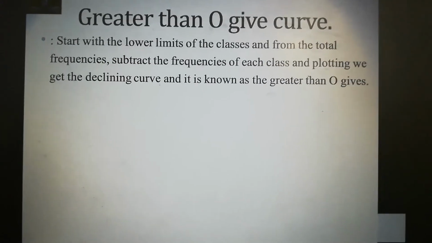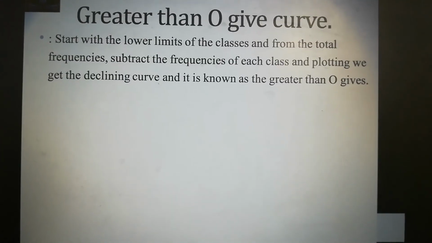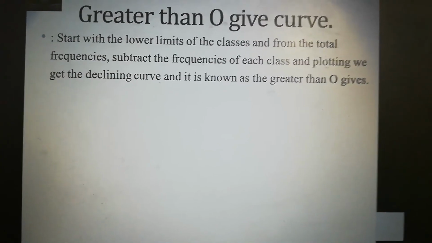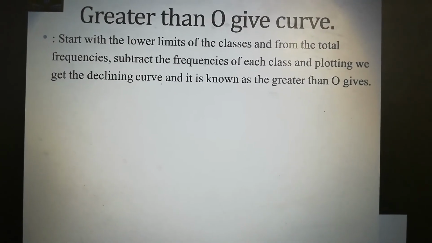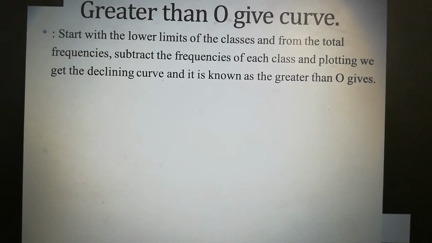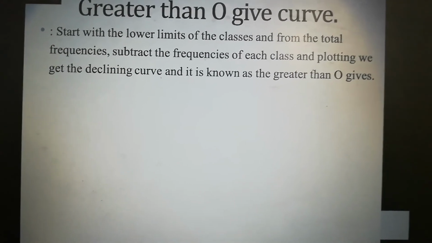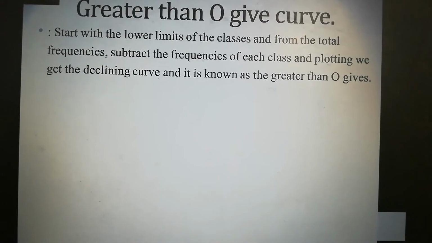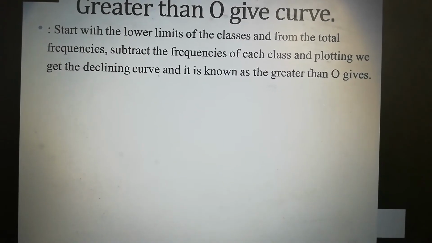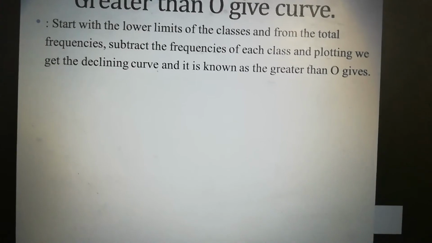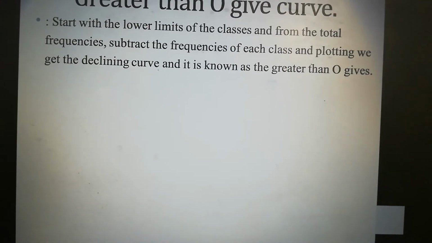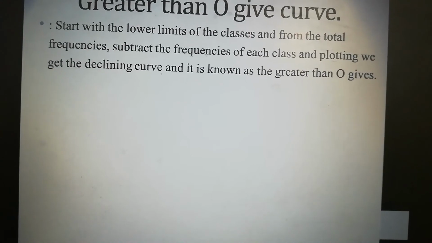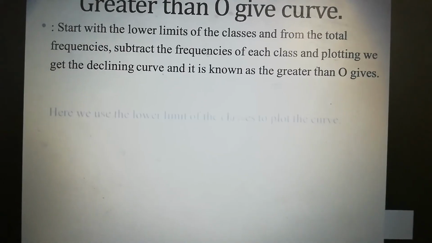We get the declining curve, and this declining curve is known as the greater than curve. So here we interpret how many children got more than this particular class interval. That way we interpret the data.